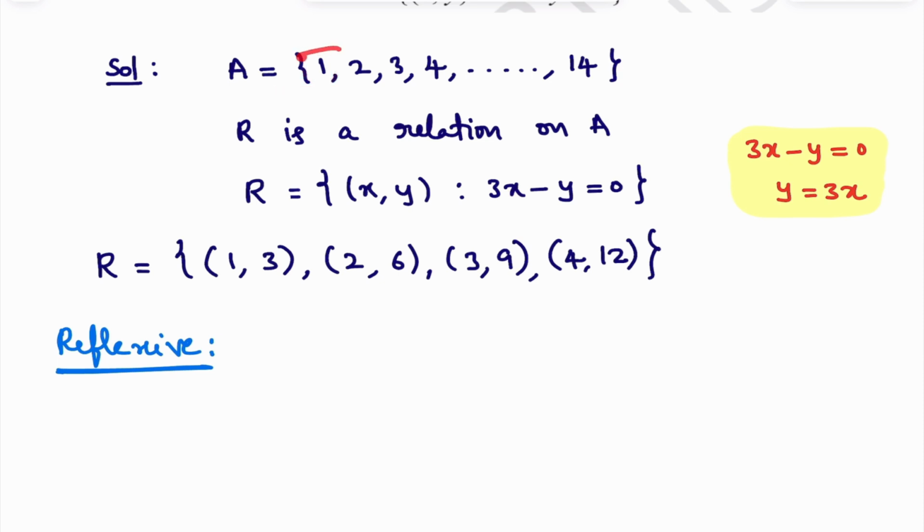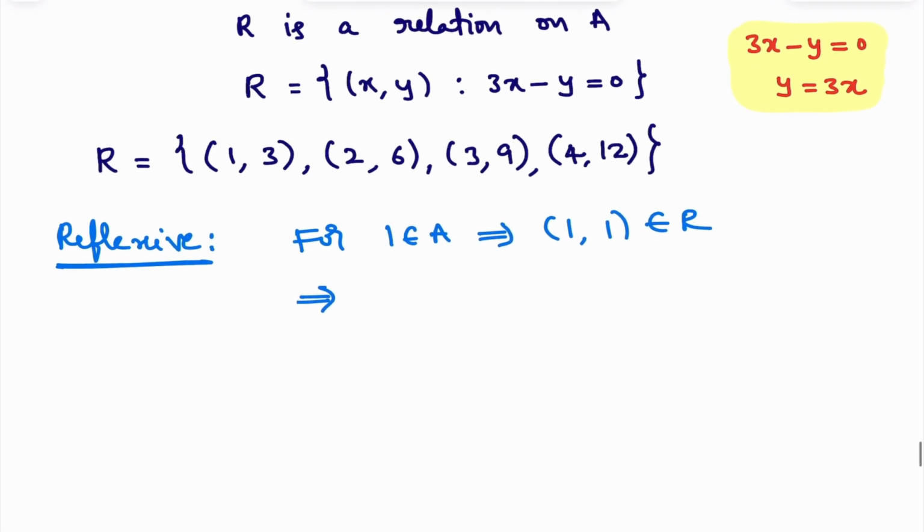Now, I'll take 1. For 1, is 1 comma 1 there in this relation? No. As the condition of reflexivity fails here, directly I can write that this relation is not reflexive. I'll write the reason here: 1 is in set A implies the ordered pair 1 comma 1 does not belong to the relation. Because of this reason, I can say that R is not reflexive.